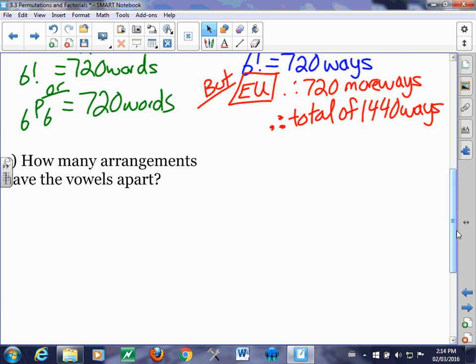All right, last one. How many arrangements have the vowels apart? Ooh. Well, remember last day we talked about the direct method versus the indirect method? I think this is better to do what's called the indirect method here.